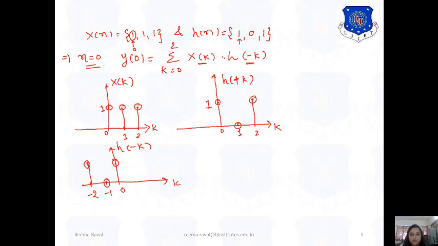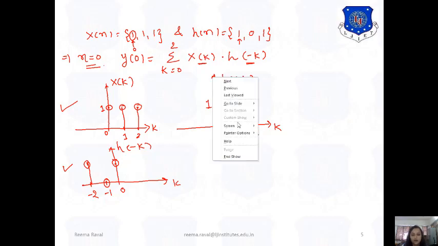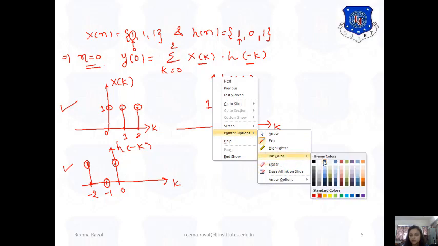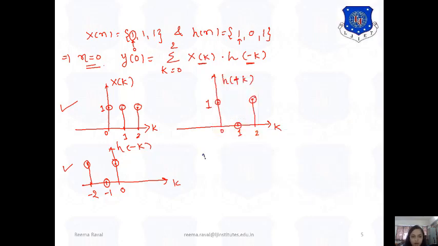Now we need to multiply x of k into h of minus k. So with the respective elements of x of k and h of minus k, we will get the value of y of 0, right? So as you can see over here, y of 0 will be equals to elements multiplication.